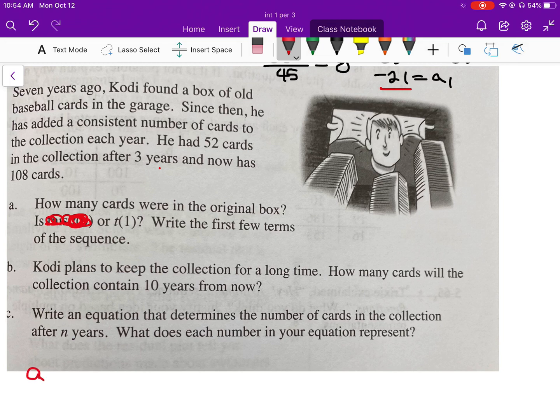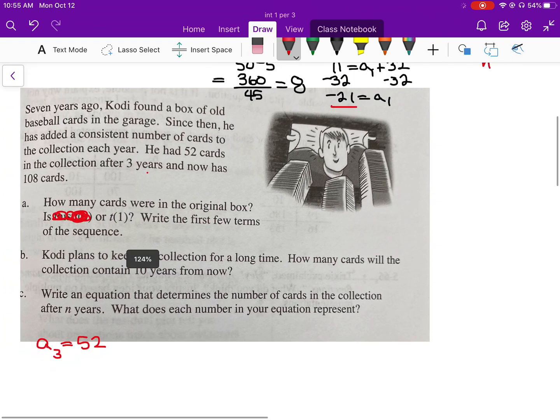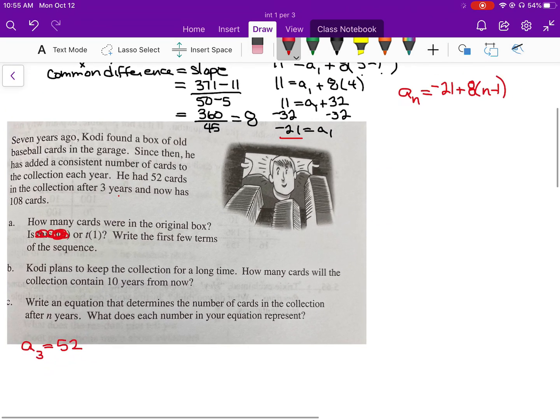So A sub 3 would equal 52, right? How about the second one? What would be the other term? I'll tell you, it has an A in there. A sub what?